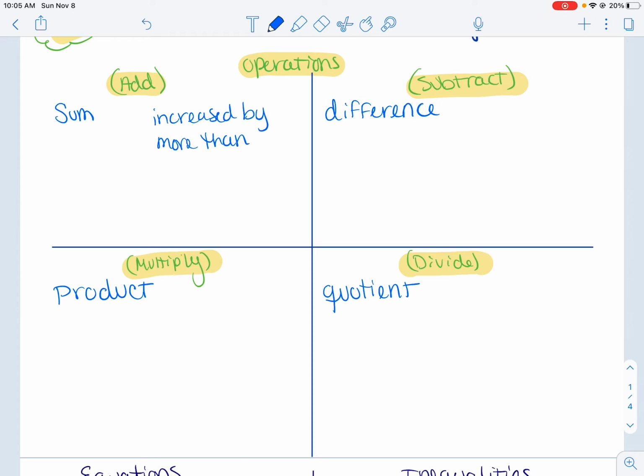You can also say added to or added with, or any of the words that have addition in them would be fine, but I don't think we need to generate all those. So sum, increased by, more than, plus, anything like that represents addition. And I'm sure you guys have more words than that. We can brainstorm when we're all together on Thursday, I think it is.